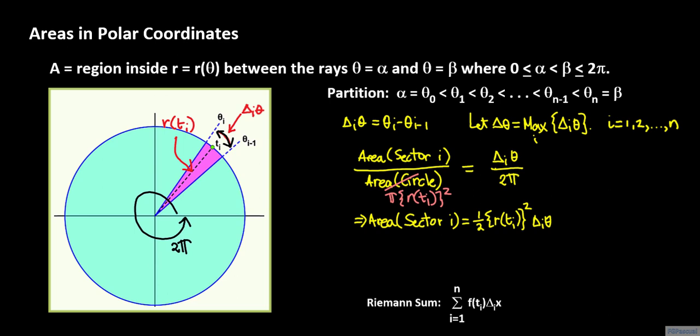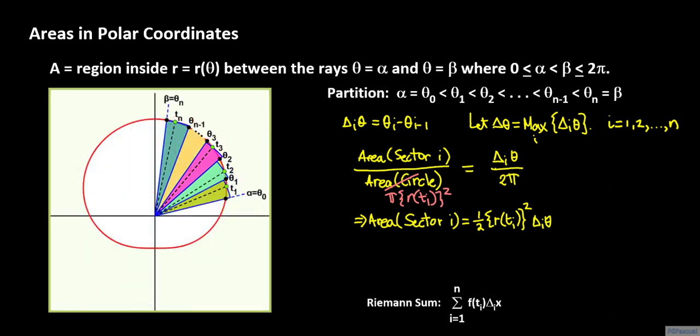The area of region A is approximated by the sum of the areas of all of these sectors. And so in summation form, the area of A is approximated by the sum from I equals 1 to n of half times the square of r of t sub I times delta sub I theta.